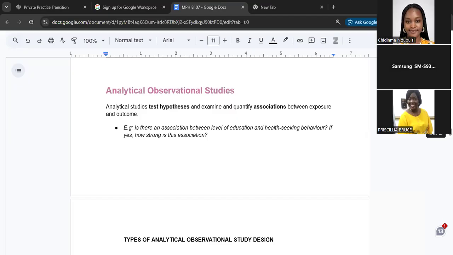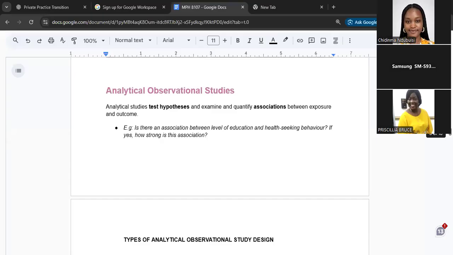Probably when you were taking data, or maybe data that another person has collected, and you are reading the paper and you are seeing that in community A, they have good health-seeking behavior. Meanwhile, in community B, they don't have good health-seeking behavior. And then you see another data where you also find that in community A, the level of education is high, but in community B, the level of education is not as high.